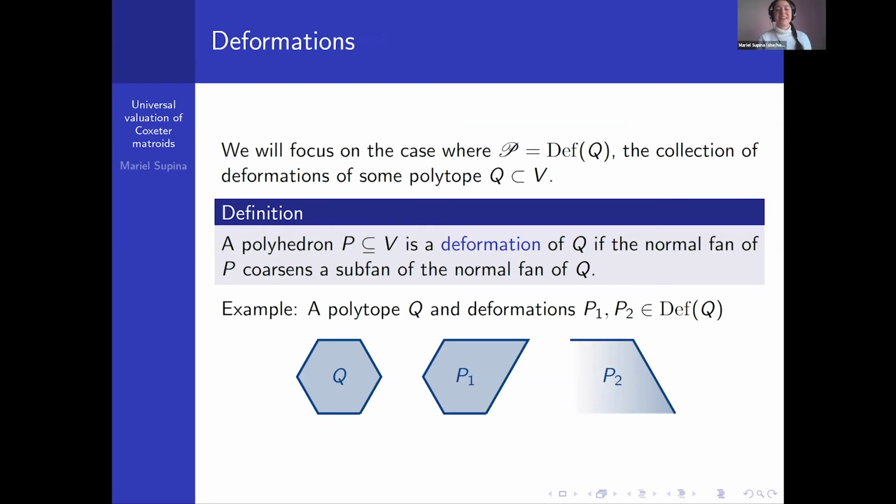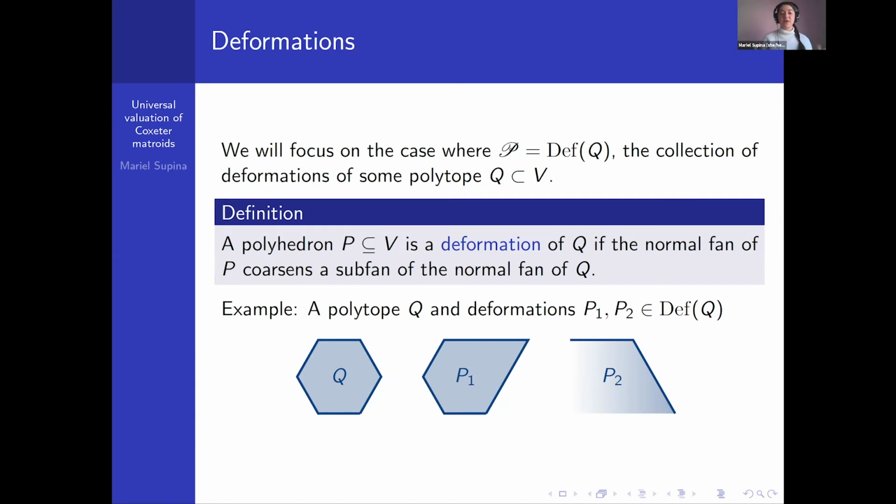Okay, so now I want to talk about some families of polyhedra. For much of my talk, I'll be talking about the case where my family is the family of deformations of some special polytope Q. We say that a polyhedron P is a deformation of Q if the normal fan of P coarsens a subfan of the normal fan of Q. If you know about normal fans of polytopes, you can think of this definition.